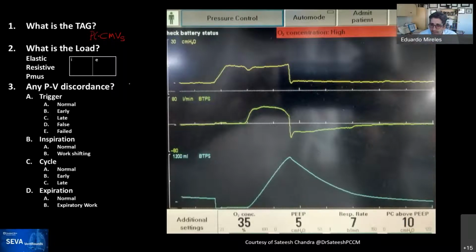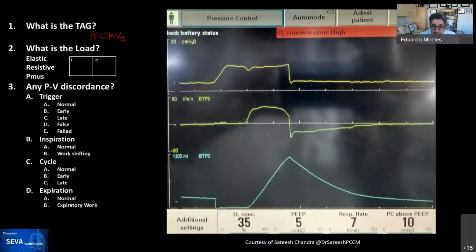Rob, any comments here? Not so far as the control variable, no. When I was looking at this, it caught my attention. A couple of items that we're going to talk about is obviously the rise time, and obviously this is an I time that goes for a fair amount of time, 1 second, 2 seconds, essentially 3 seconds of inspiratory time.